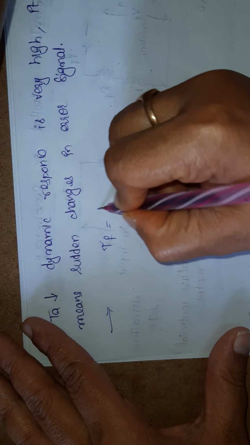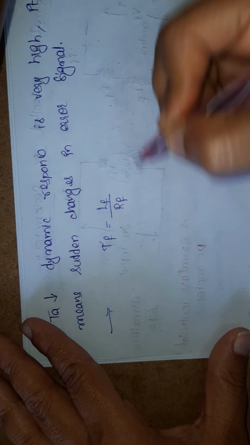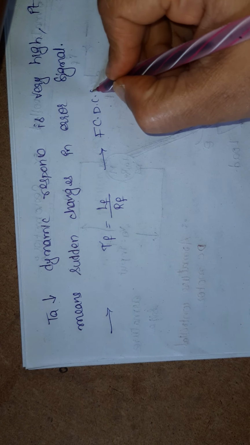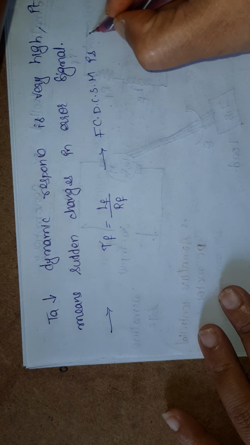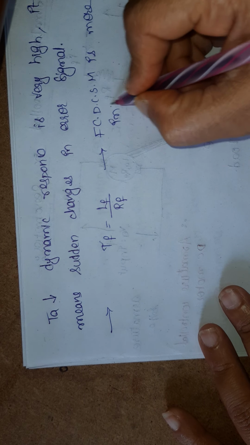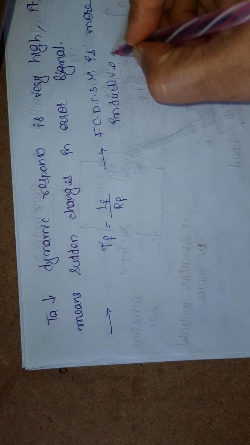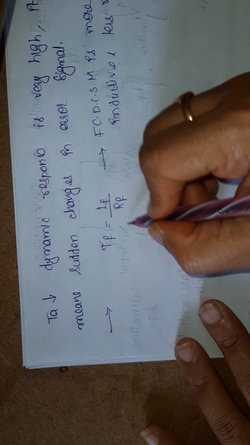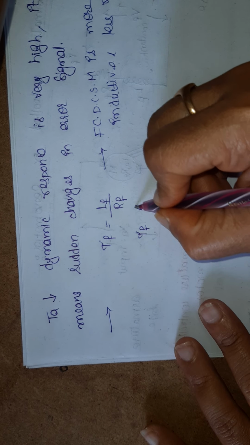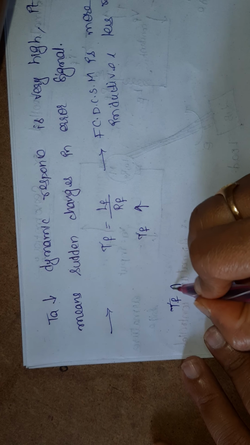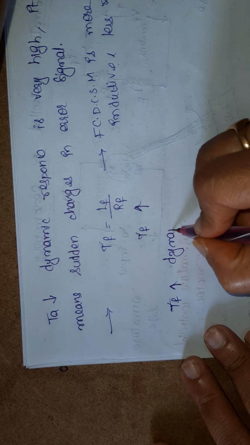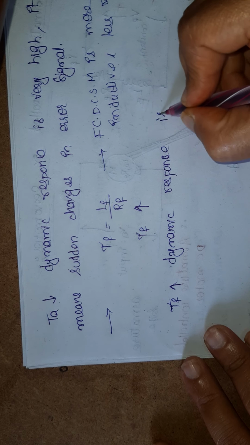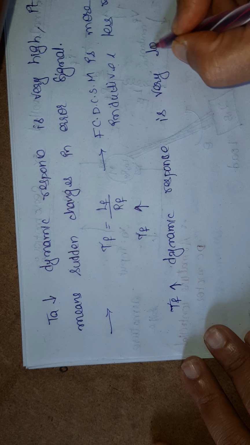Field control, tau f is equal to LF by RF. So here the field controlled DC servo motor is more inductive and less resistive. It means the tau f value is very high. If tau f is very high, the dynamic response is very low.